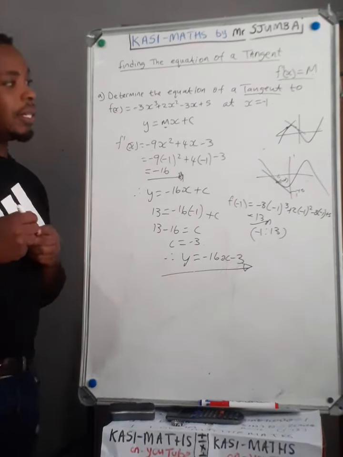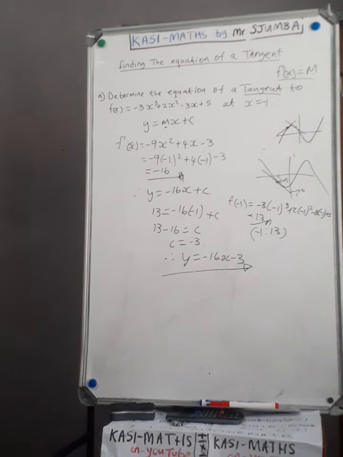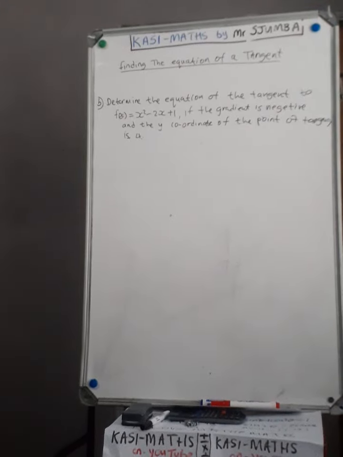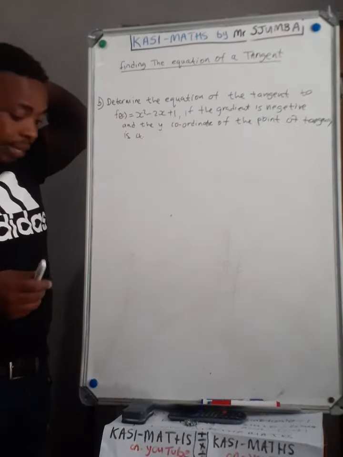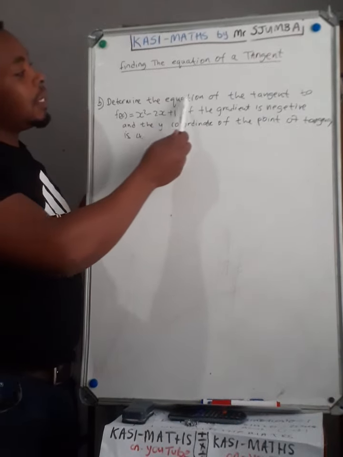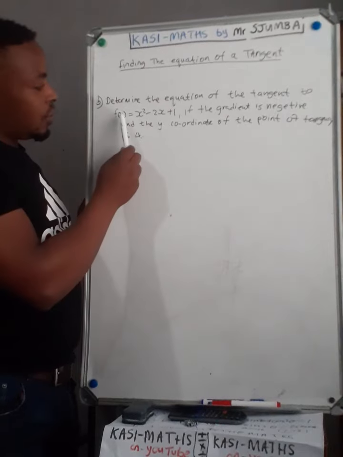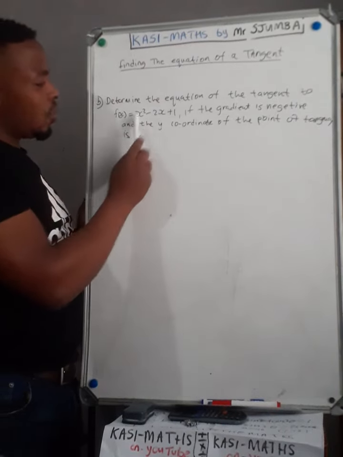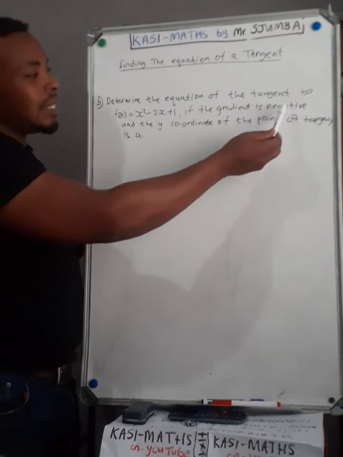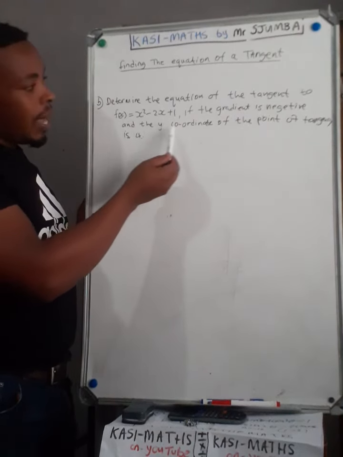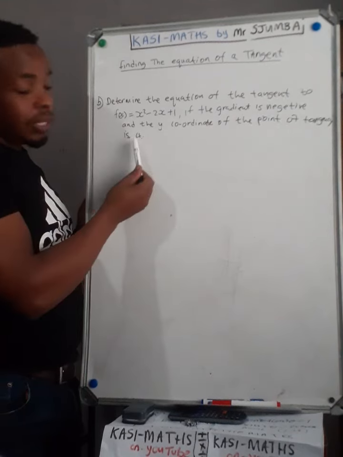That was one example. This is the second example. We have to determine the equation of the tangent to f. F is a parabola, the gradient is negative, and the y coordinate of the point of tangency is 4.